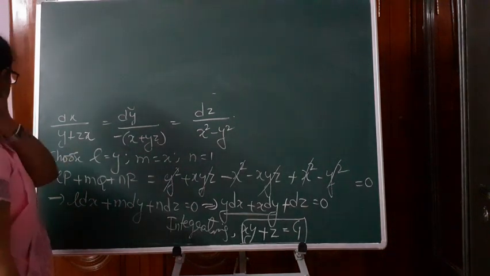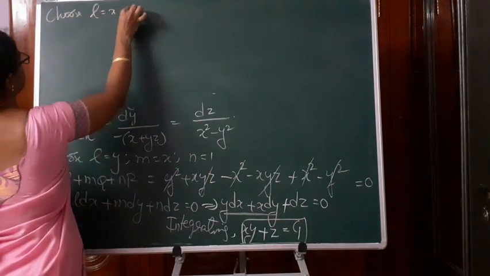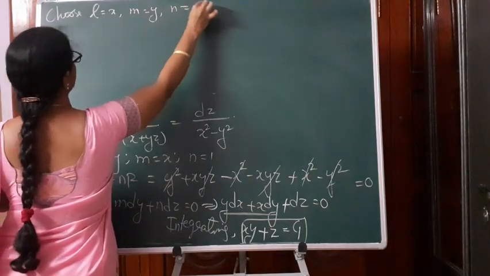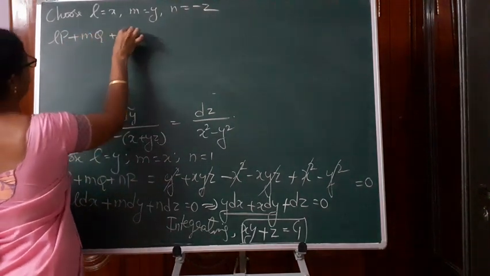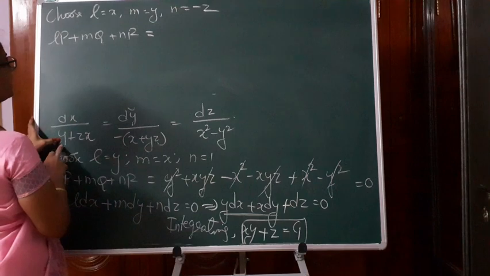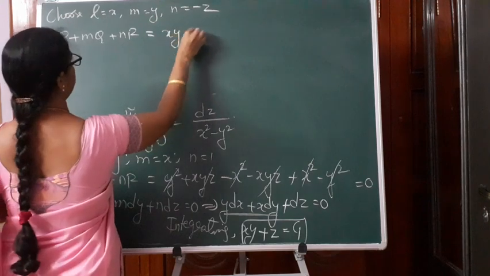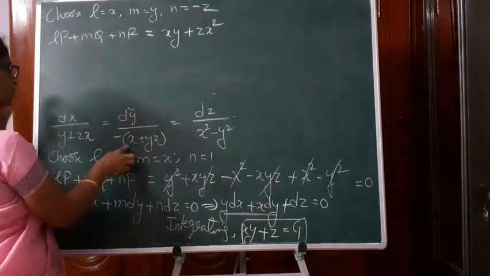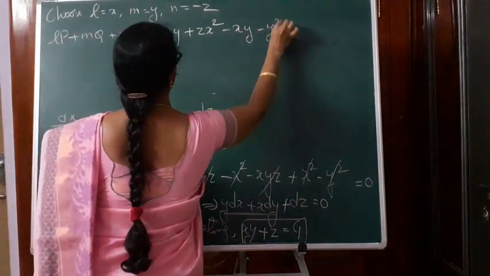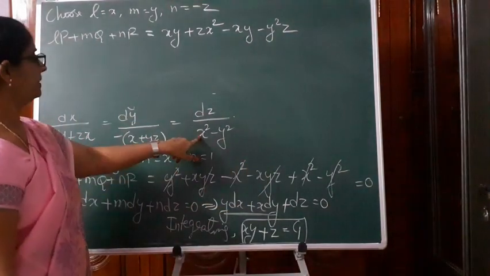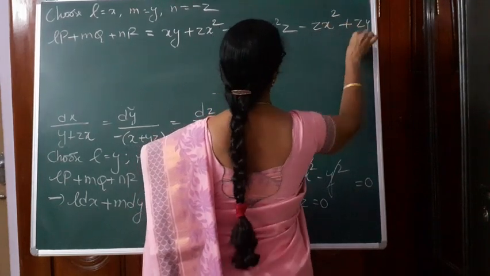Okay, what do we take? This time let us choose L is equal to x, M is equal to y, and N is equal to minus z, and we'll check the value of LP plus MQ plus NR, which gives xy plus zx square, M into Q gives minus xy minus y square z, minus z into (x square minus y square) gives minus zx square plus zy square.